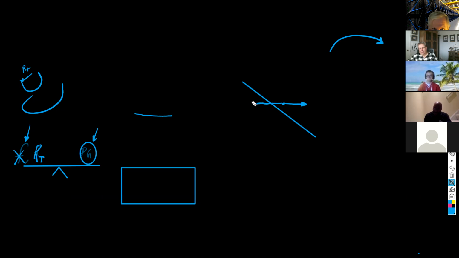That's the centripetal force. But the experience of it is the centrifugal force, right? It's like you're being pushed into it.